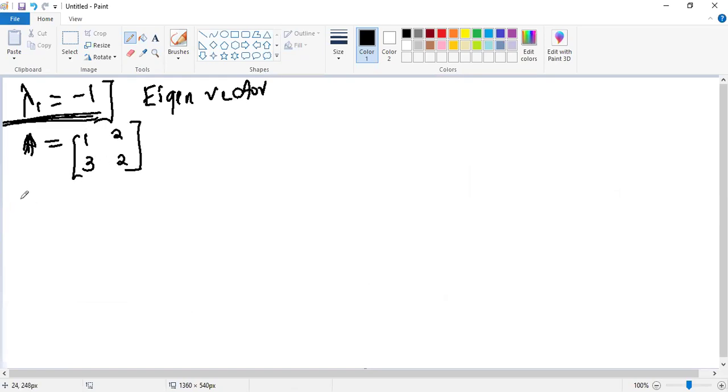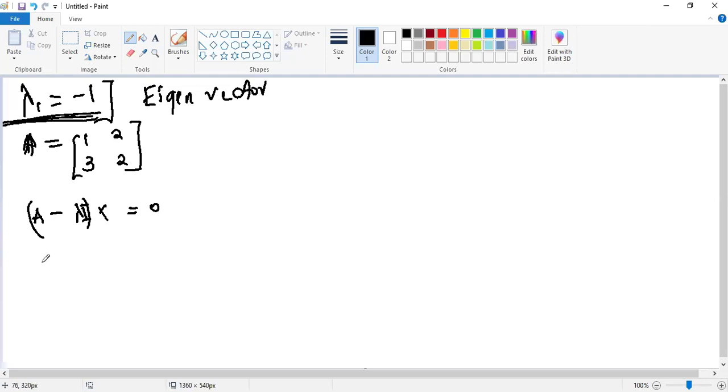Now, to get the eigenvectors, this is what we are going to take. We are going to take A minus lambda I times x is equal to 0. So let me write the lambda with the identity here. Now, when lambda is equal to minus 1, can you take A and subtract minus 1 times the identity?